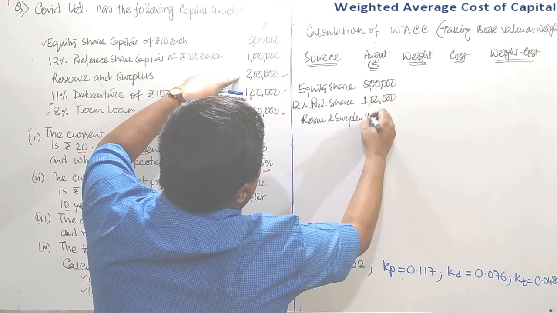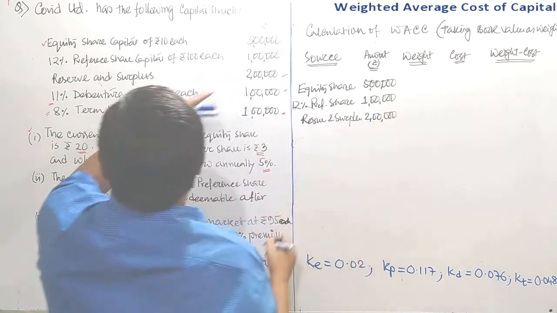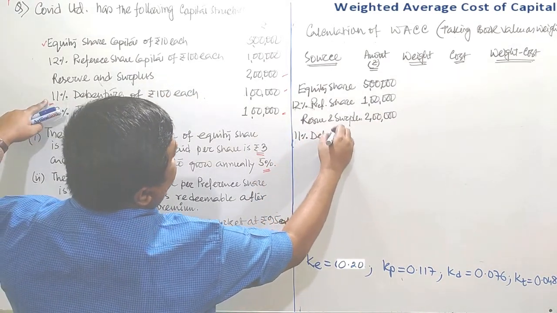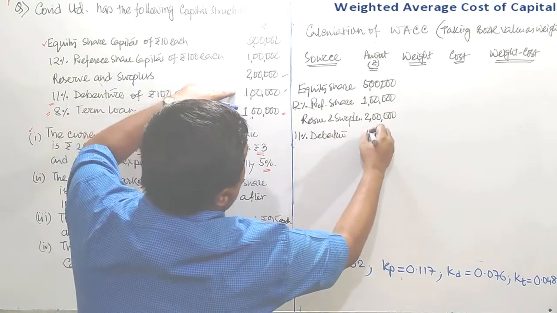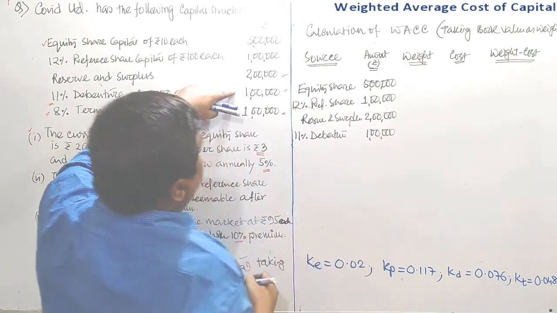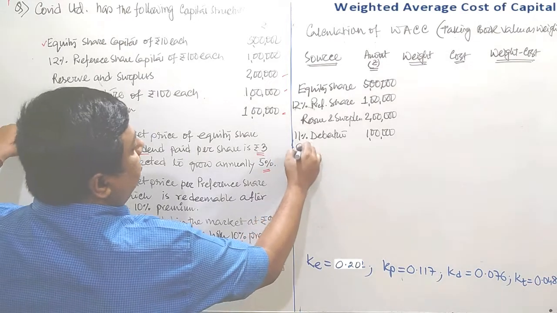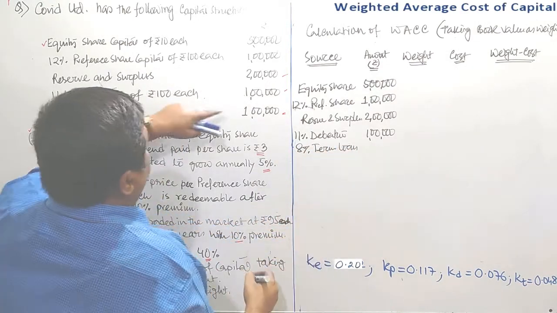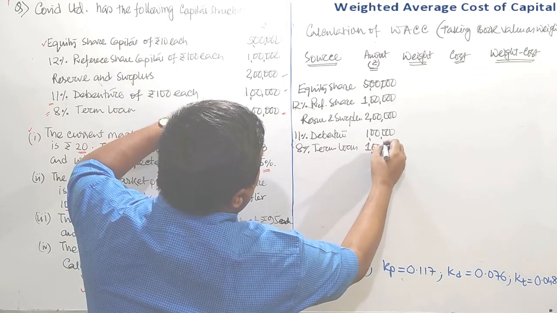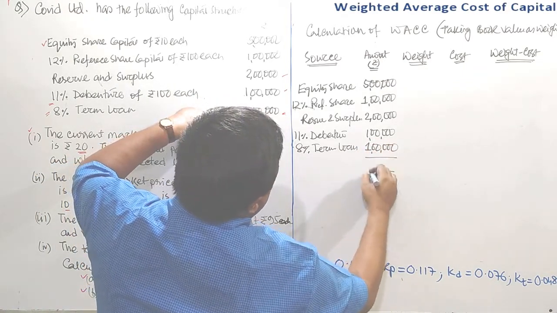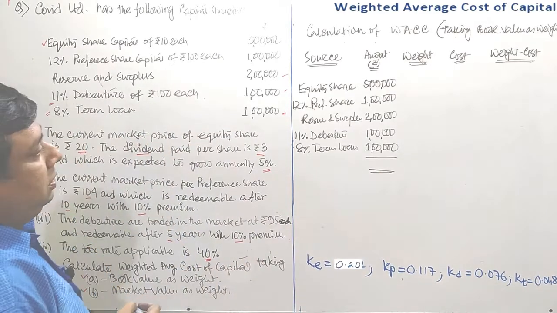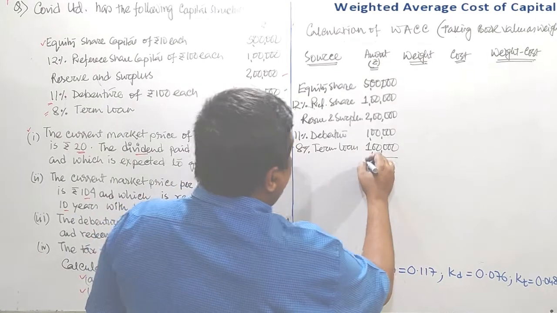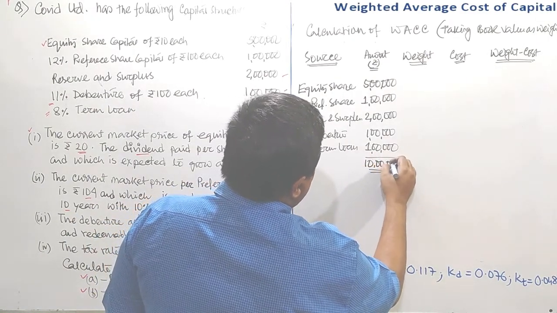What is the amount? 2 lakhs. Next item is 11% debenture. The total amount of debenture is 1 lakh. Final item, 8% term loans. The amount available is again 1 lakh. If you sum up the total, we are getting 10 lakh rupees. Total capital is 10 lakhs.